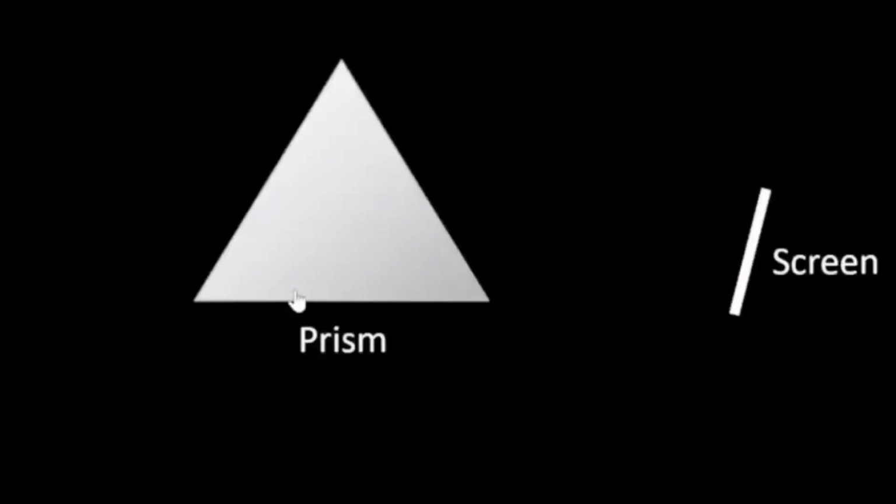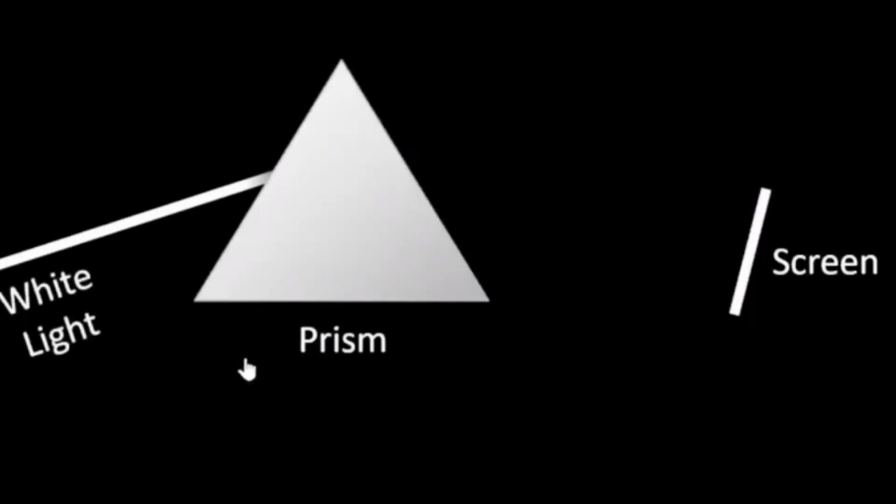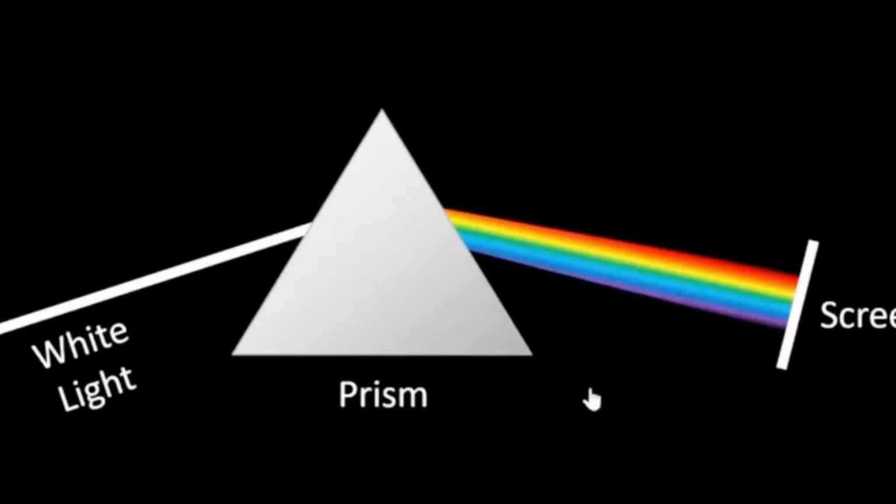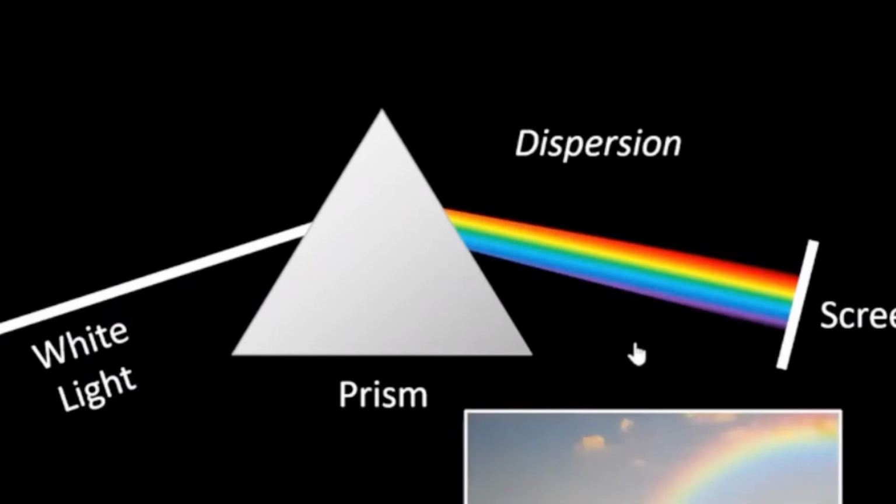So students, here you can see that white light falls into a prism. It splits into 7 different colors you can see here. Correct? This phenomenon is called dispersion of light, which you can also see in the rainbow.